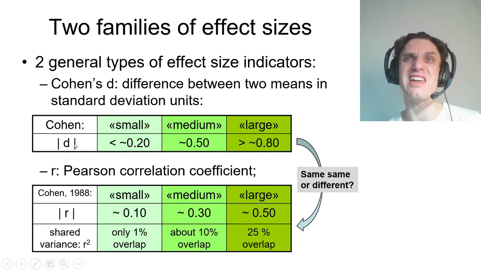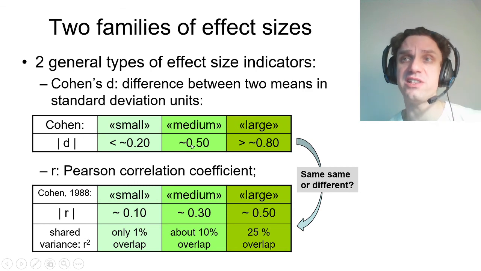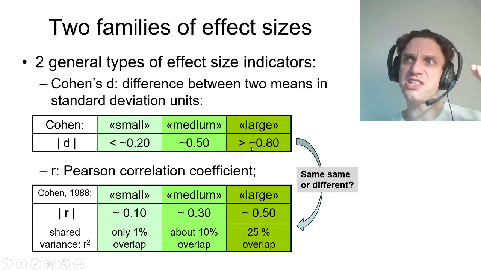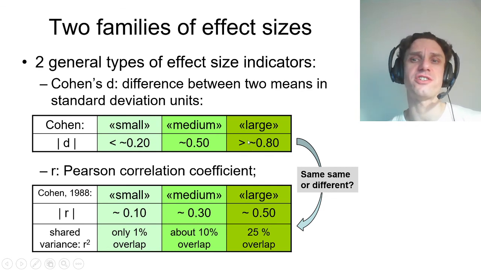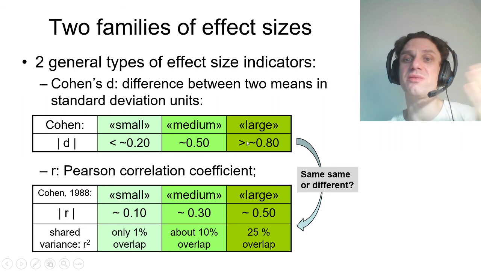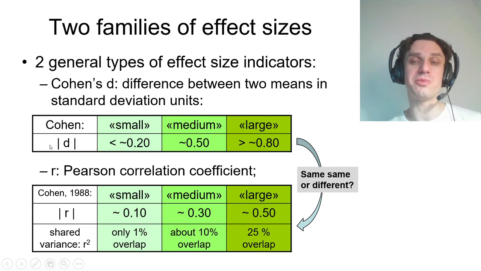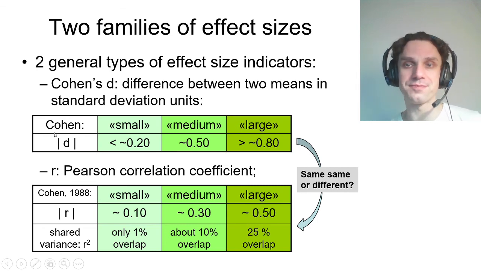He said, okay, if Cohen's d is 0.20 or smaller, let's call it small. If it's about 0.50, let's call it medium. And if it's above 0.80, let's call it large. But this was completely arbitrary. It was not based on any substantive analysis of research findings.